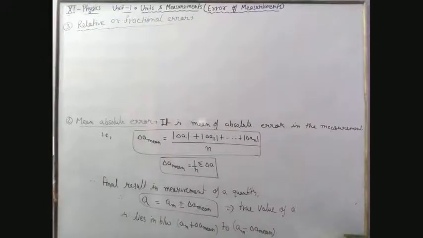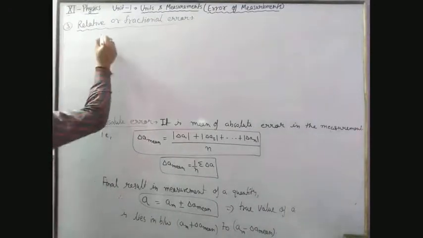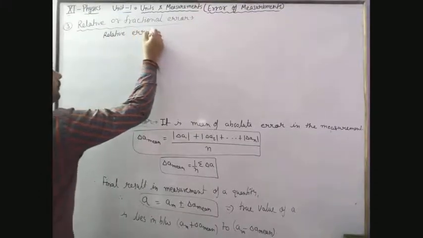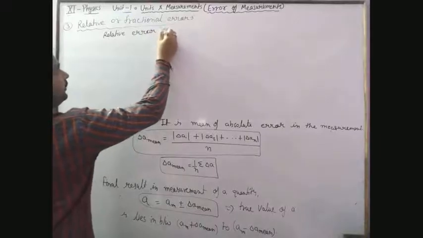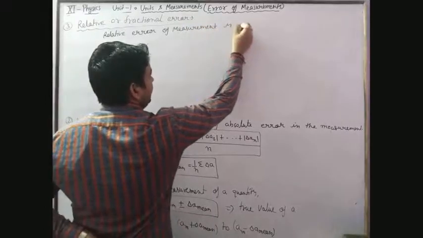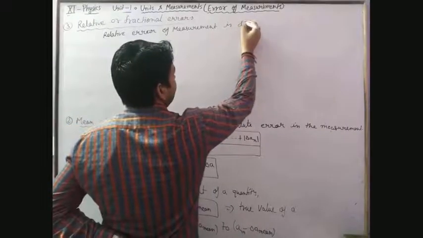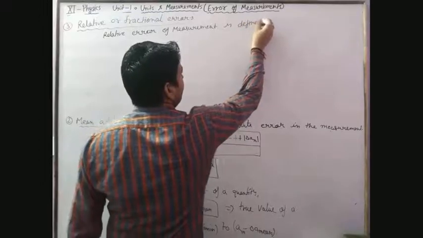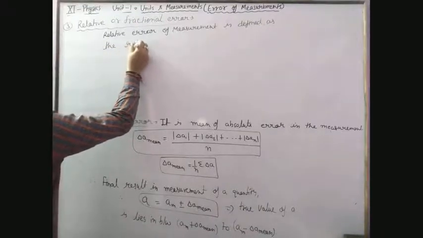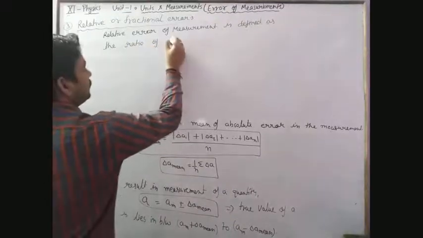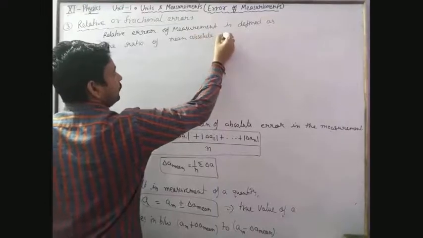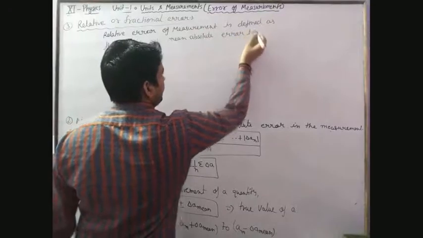As you can easily observe from the name, we define the relative error of measurement as the ratio of the mean absolute error to the mean value.